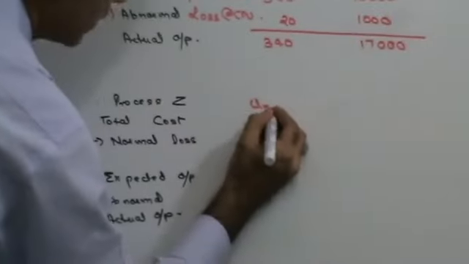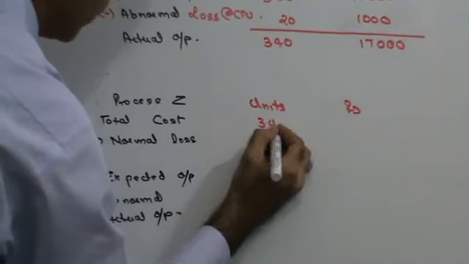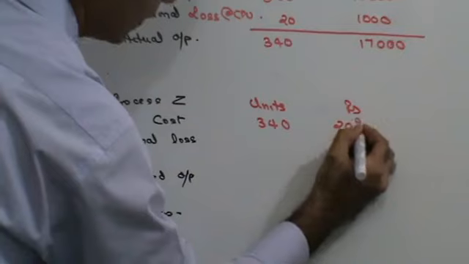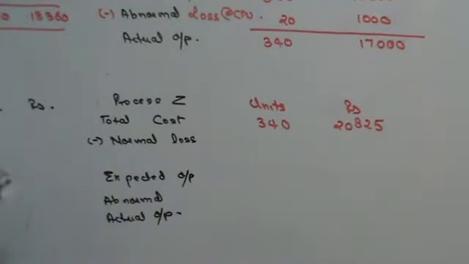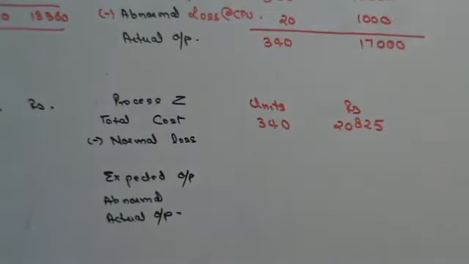So units and rupees. Units are 340 and 20,825. Normal loss is given to you as 25%.